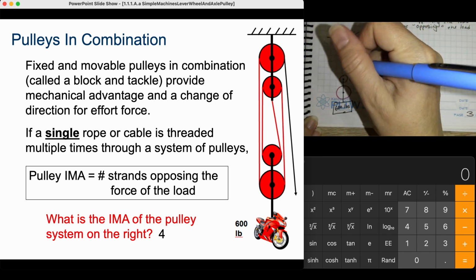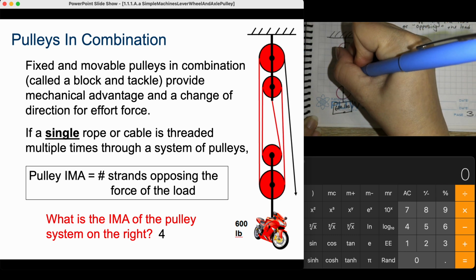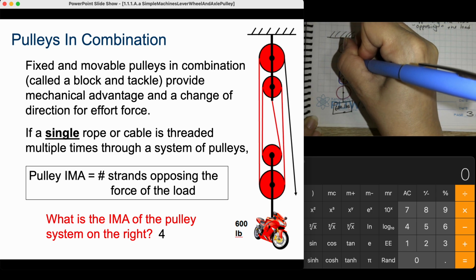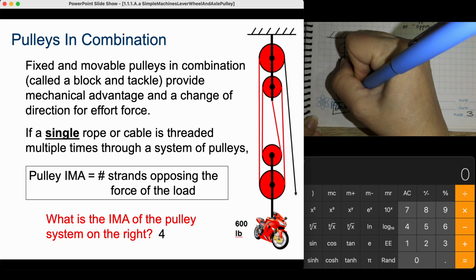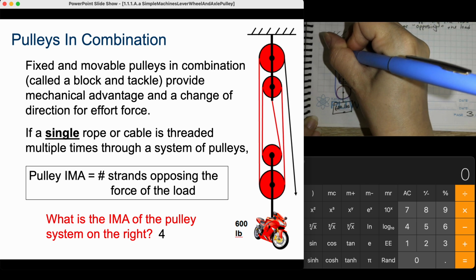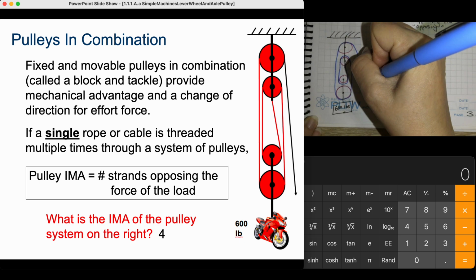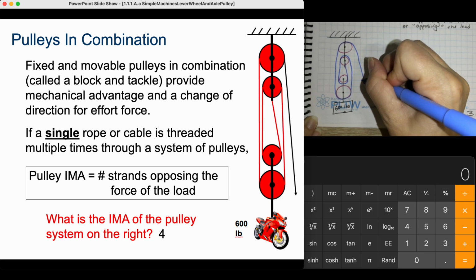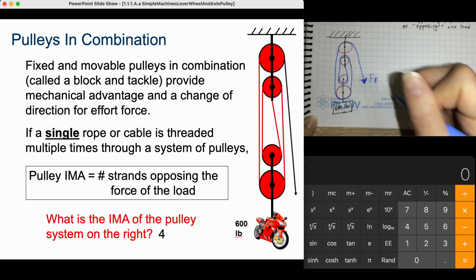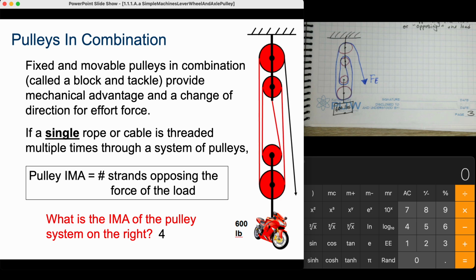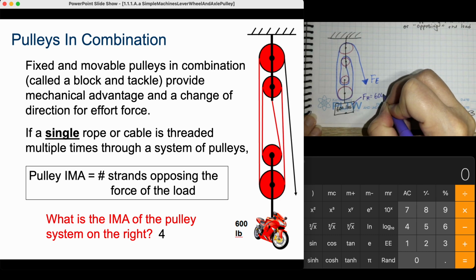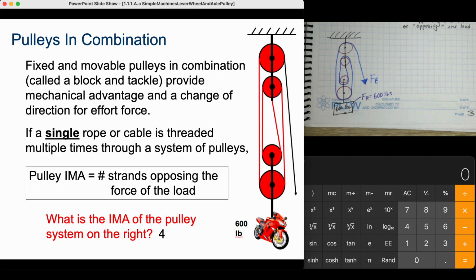And then, starting from here, we're going to go around the little one, and then around the top little one, and then around the big one, and then the top big one, and then this one. This is our effort force here, and this is, let me get a purple, FR is equal to 600 pounds. It's hard to see it down there over the PLTW logo.